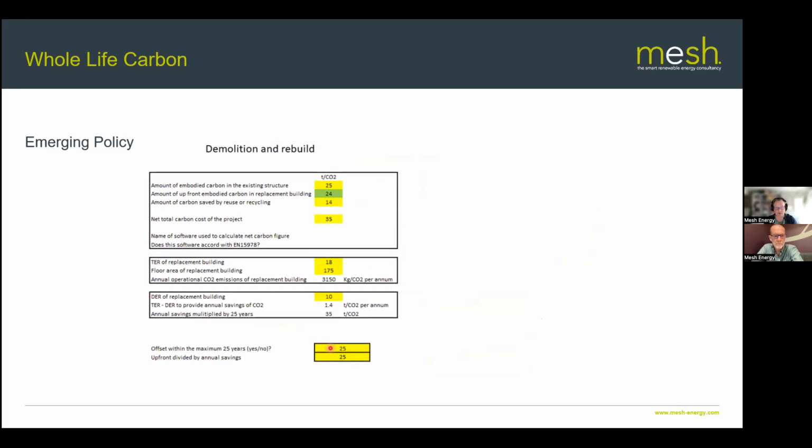So this is an example of where we're playing around with working this calculation in reverse.